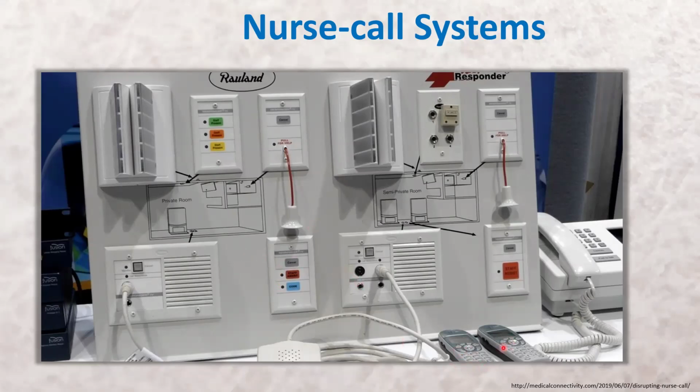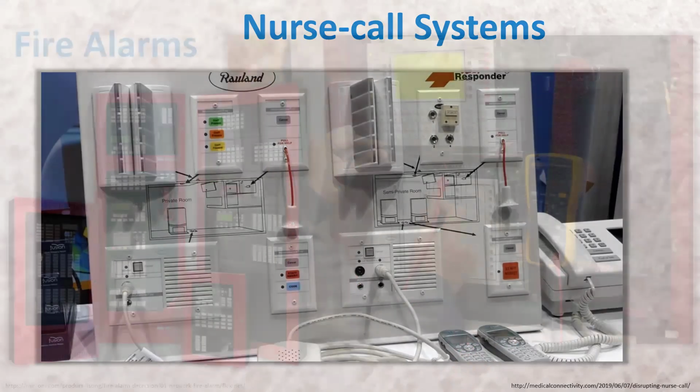Here are a couple of phones. When a nurse comes to work, she or he gets a phone issued for the shift, and that's the phone they use to communicate with each other. Sometimes when the button is pressed in a certain room, it will appear on the display on the phone.